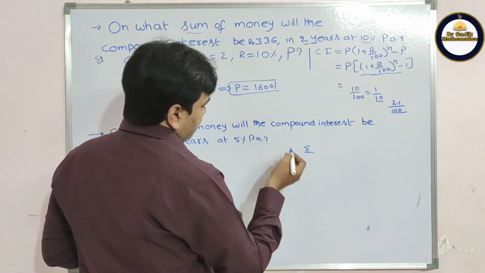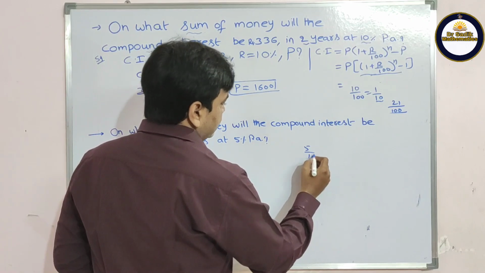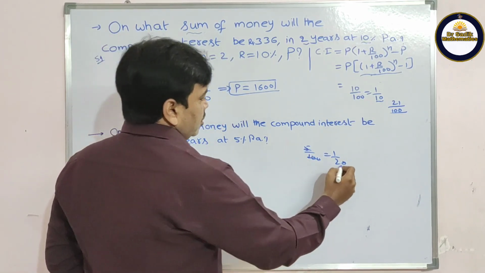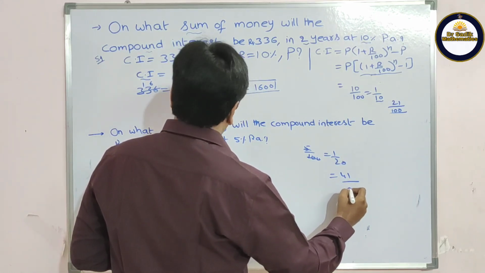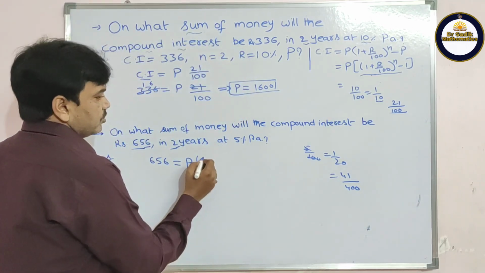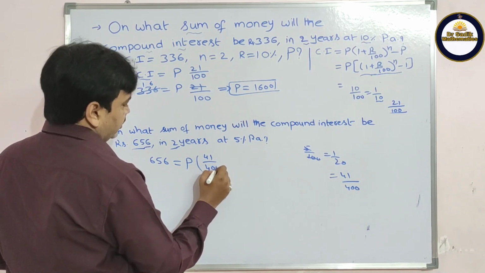5% means, friends, here also we have a table value. You can check there. 5 by 100 means we get 1 by 20. So 2 years, friends: 20 into 2, 40, 40 plus 1, 41 by 20 square, 20 square, that means we get 400. So this part value is 41 by 400.